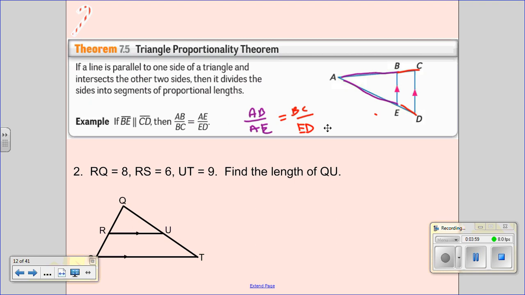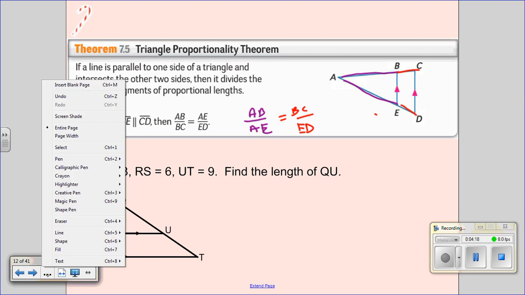That's one way of doing it. Another way of doing it is as they did here, where they put AB to BC is equal to AE to ED. That's another way. There's another one in there as well.